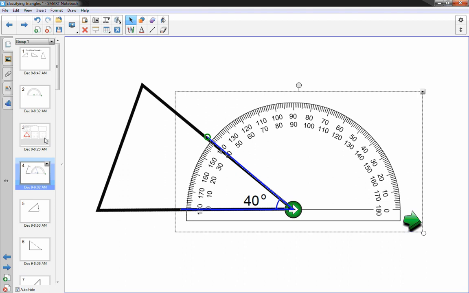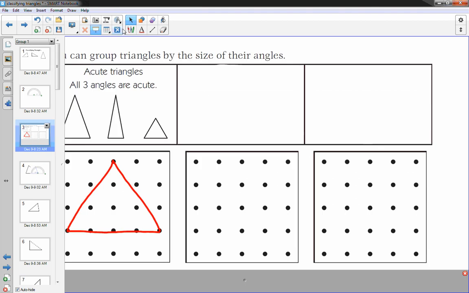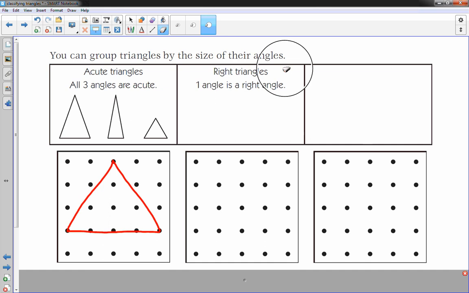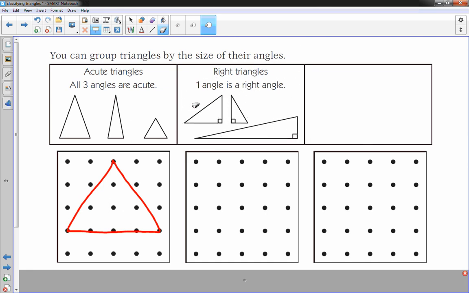So let's move on here. Our next one, we've got right triangle. A right triangle has one angle measure that is 90 degrees, or we call it a right angle, which would be a nice perfect corner like you'd see in the corners of windows and doors and things like that.